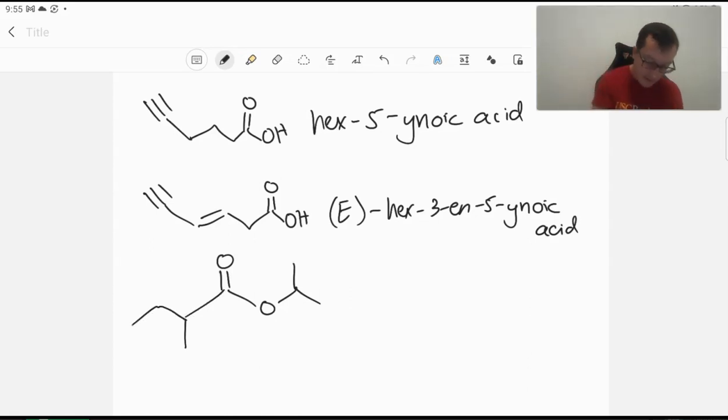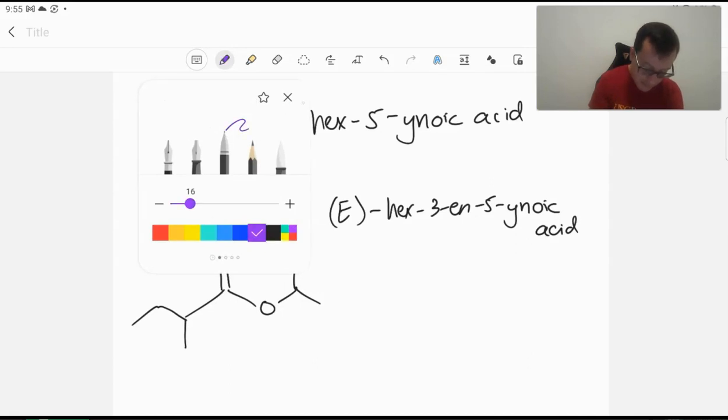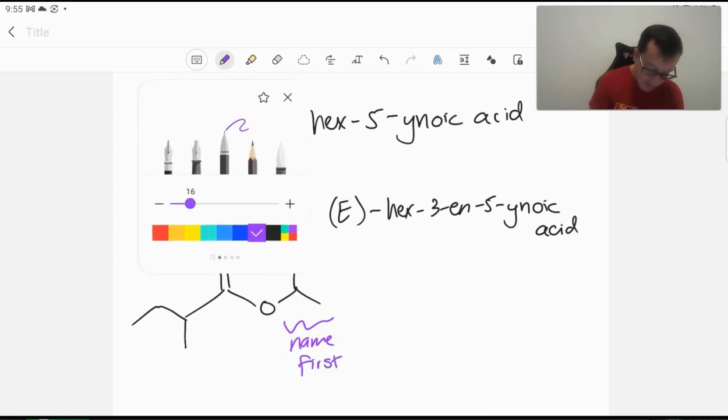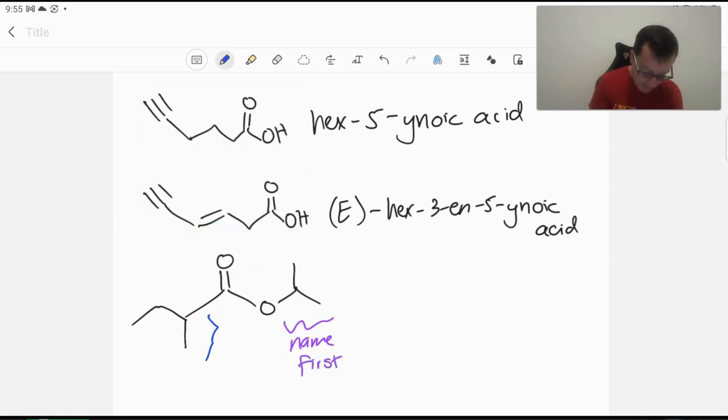So in an ester, you name the part on the oxygen first, then you name the stuff next to the carbonyl second, and then this part here becomes oate.